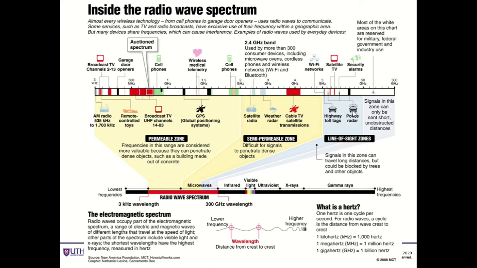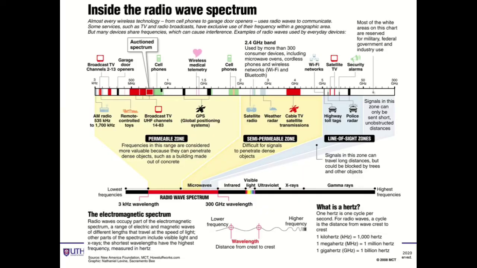Higher than that is short range communication from 50 to 300 gigahertz, mostly used for military or federal agencies or specific industries. Signals in this zone can only be sent over short, unobstructed distances.